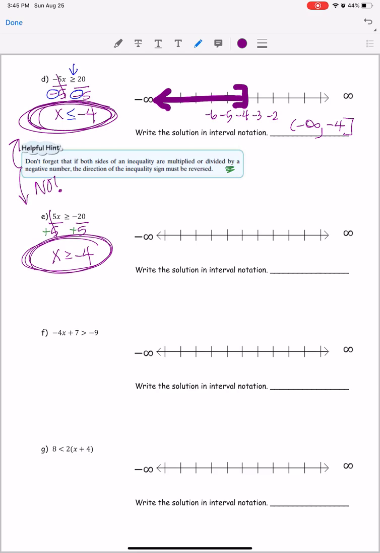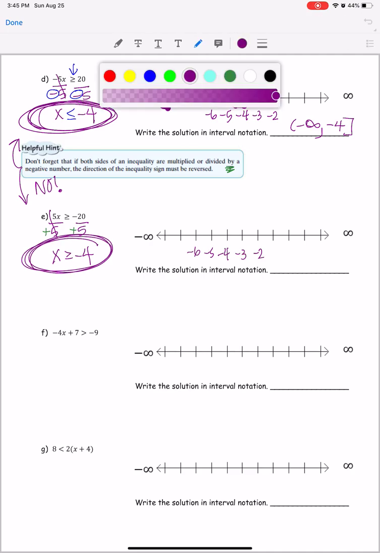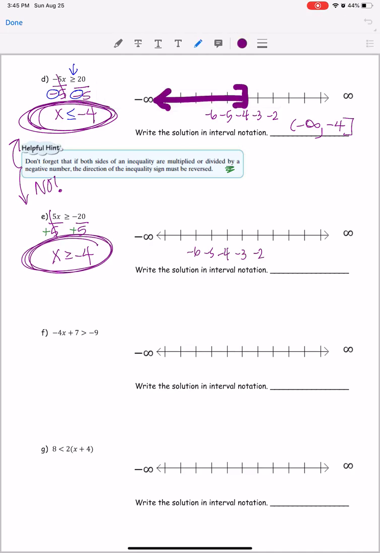Okay, see in this one, dividing by a positive number, and this one, dividing by a negative number. That's the difference between these two. So we've got negative 4, negative 3, negative 2, negative 5, negative 6. Use this as an arrow. This is pointing to the right.